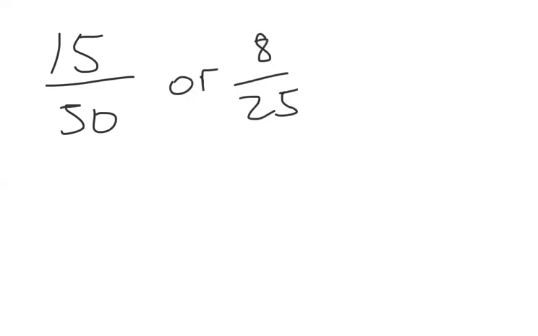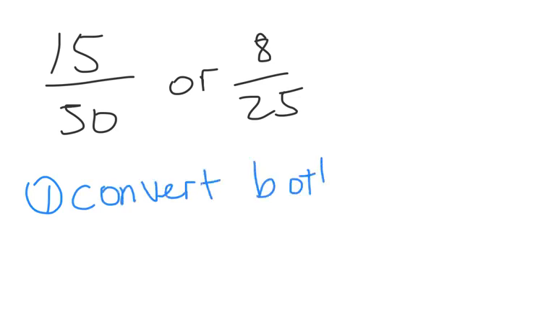Lastly, they might ask a question: what is bigger, 15 over 50 or 8 over 25? Now we can't really see what is bigger. But a way to make it clear is to convert. So the first step is to convert both to a percentage.